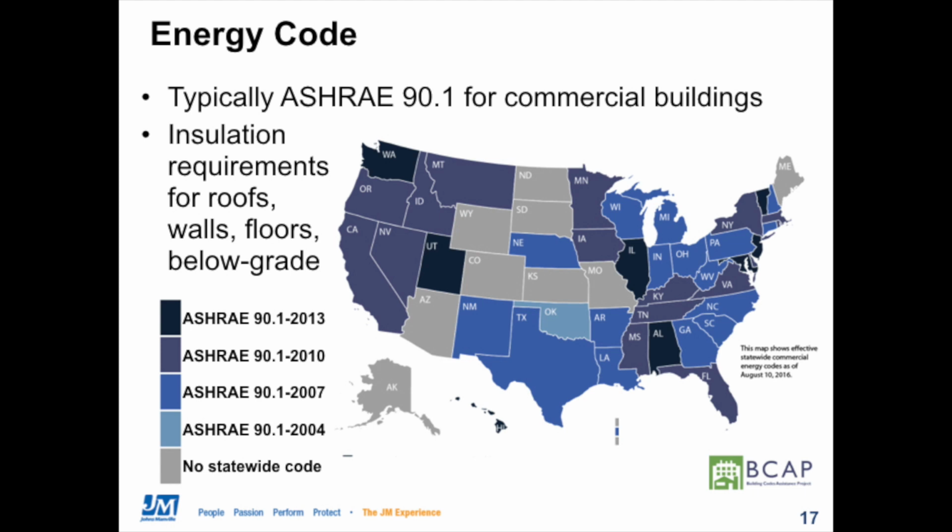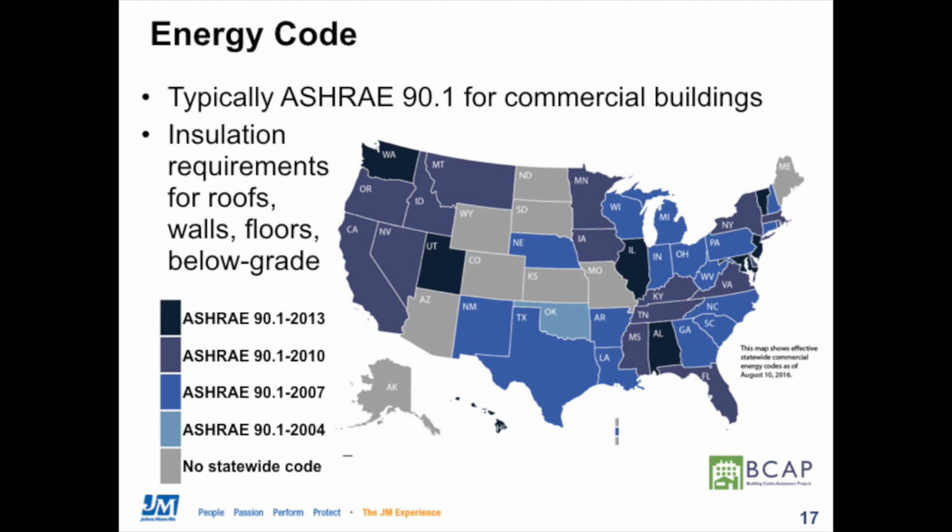The two main codes in the United States are the International Energy Conservation Code, or IECC, and ASHRAE Standard 90.1. The IECC is usually what is actually adopted by jurisdictions such as states, counties, or cities, but the IECC does include a reference to 90.1 as an equivalent compliance path.